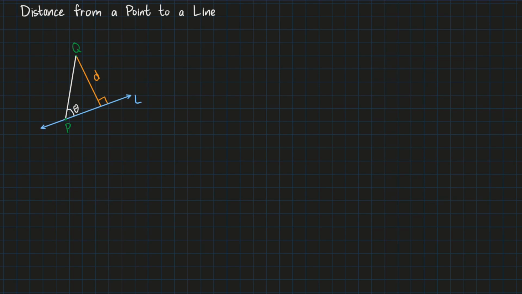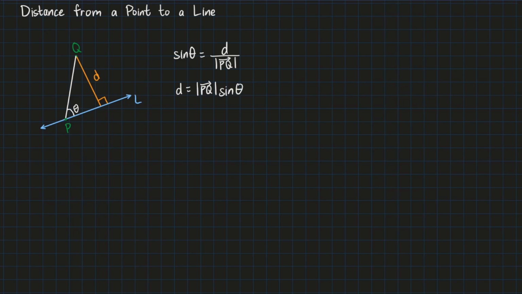Since sine is the opposite over the hypotenuse, we can write a sine equation: sine of theta equals the opposite, which is D, over the hypotenuse. The hypotenuse is the length of line PQ, and since we're only concerned about the length here, this is the magnitude of vector PQ. Solving for D gives us D equals the magnitude of vector PQ times sine theta.